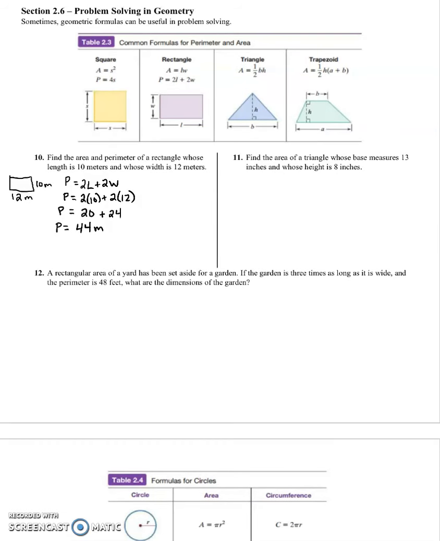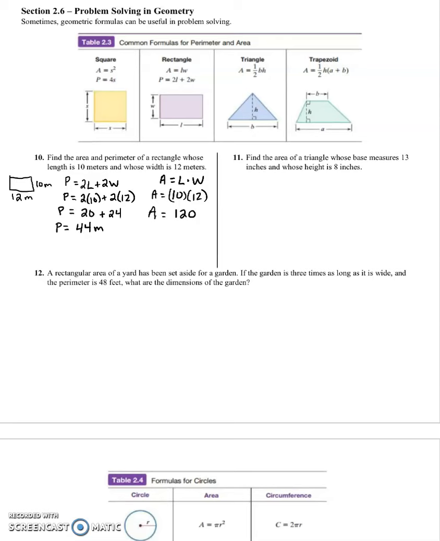Now, the area of a rectangle is length times width. So our area is 10 times 12. So area is 120.